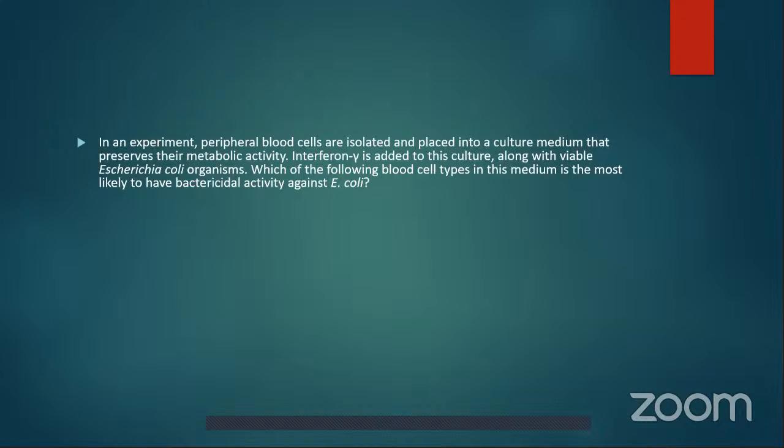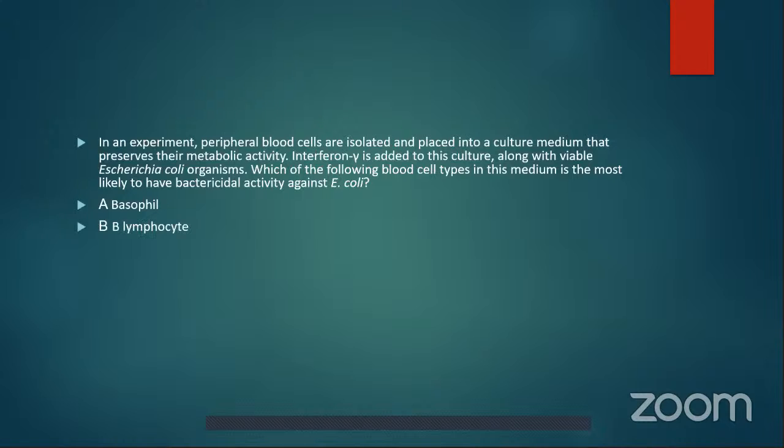Yeah. We're talking about interferon gamma. Interferon gamma is now acting as a stimulating agent along with the E. coli. So which cell will be attracted towards this chemotactic site? We can imagine it that way.